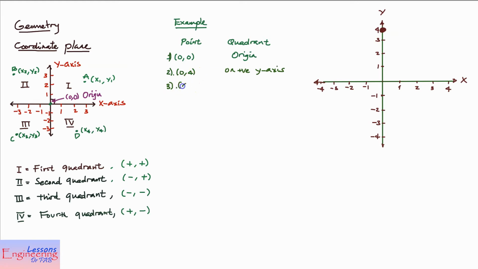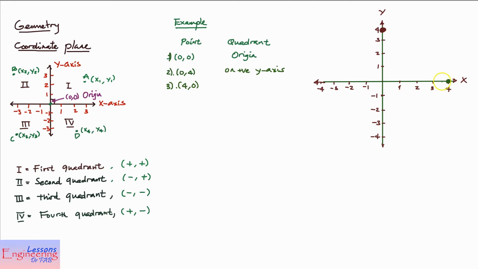Example 3: let's have 4, 0. Now x is 4 and y is 0, so it's not above or below the x-axis, it's just on this point. At this point, y is 0.